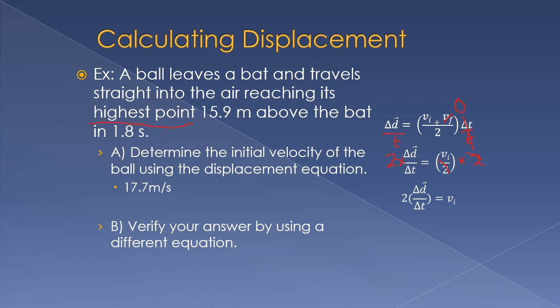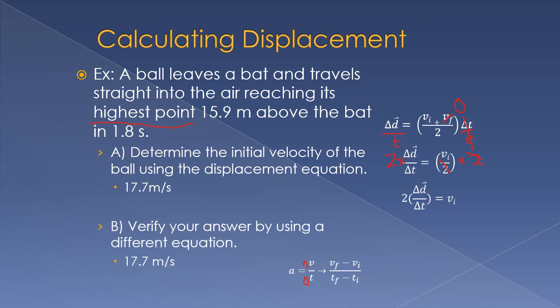Wonderful. How can I verify it by using a different equation? What other equations do we know? We know our acceleration formula, and with my acceleration formula, I have some of the very same information too. I have my changes in velocity over changes in time. So I should add a little delta symbol there, as a change in velocity is equal to a change in time. How does this help us then?